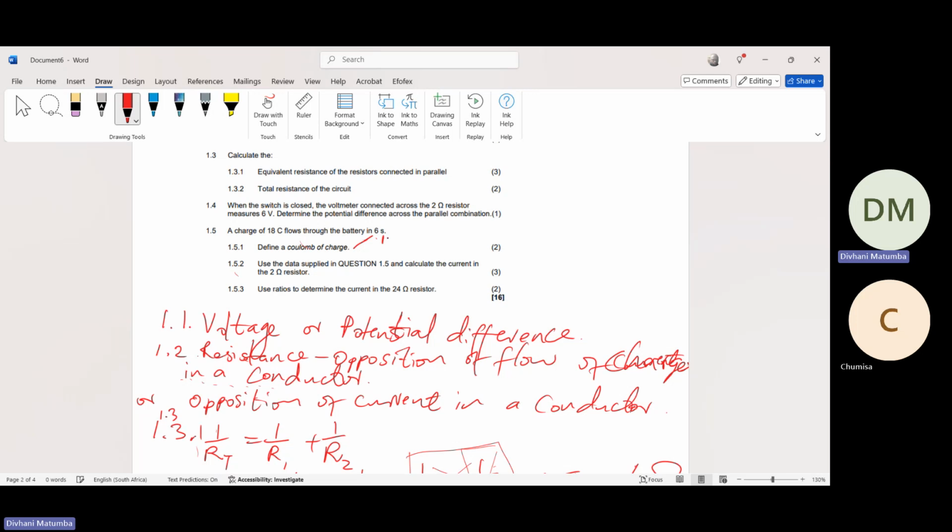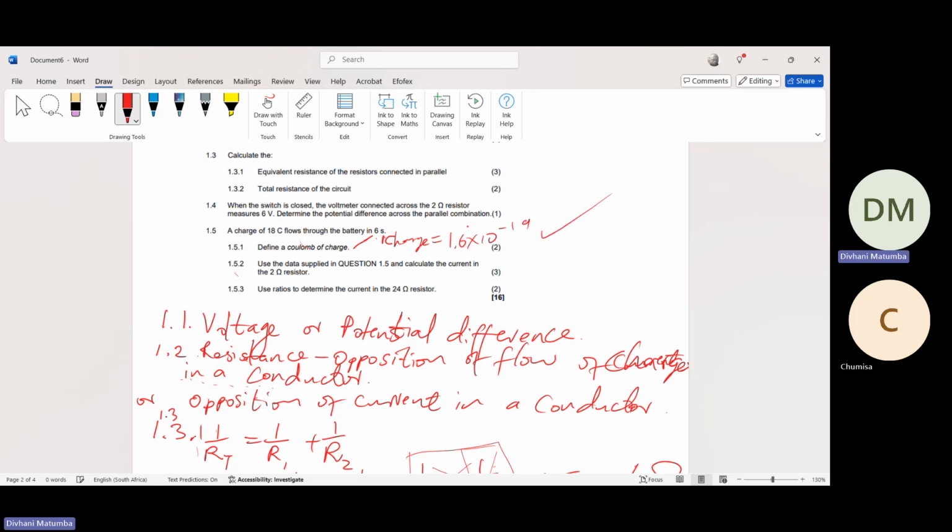One charge is given by 1.6 times 10 to the power of 19.